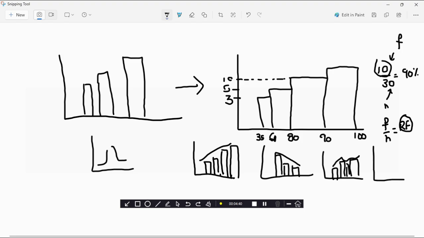When it comes to histograms, or graphs in general, if you're trying to figure out the skewness, you're basically trying to figure out if the graph is being skewed to the left or to the right. So, for example, if the bar graph is high on the left-hand side, the graph is probably being skewed to the right.